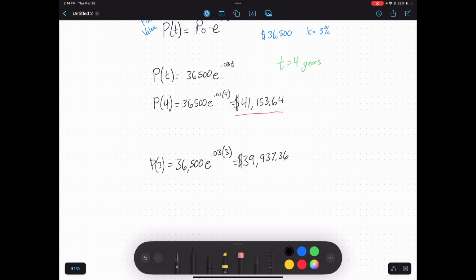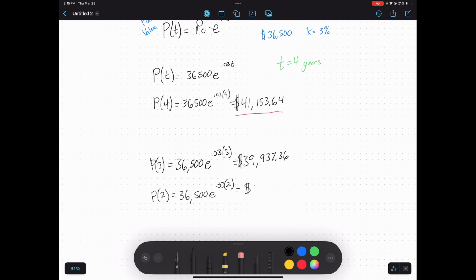And then if I invest another $36,500 during the second year, after the second year, that amount will only have 2 years to mature before I look at the amount in it.